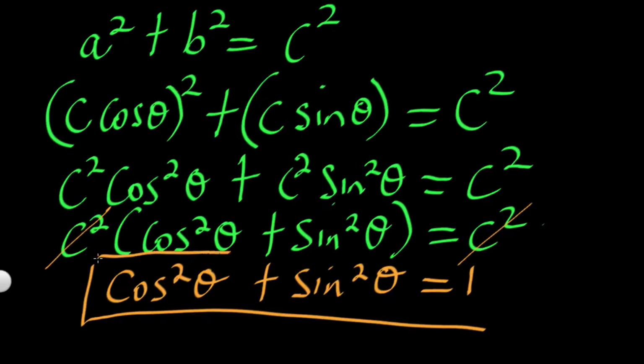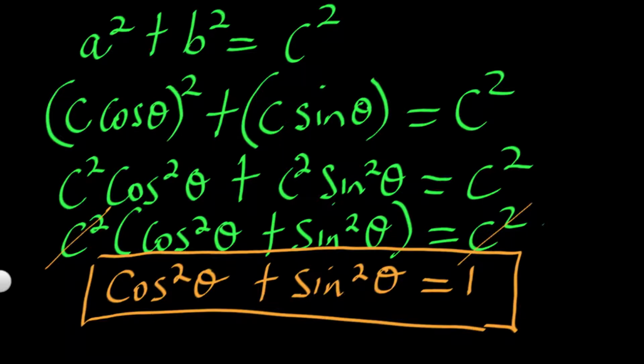This is one of the most important trig identities that you're going to be dealing with. It is one of the basic trig identities. I used the right angle triangle and Pythagoras' theorem to prove to you that cos squared theta plus sin squared theta is equal to 1.